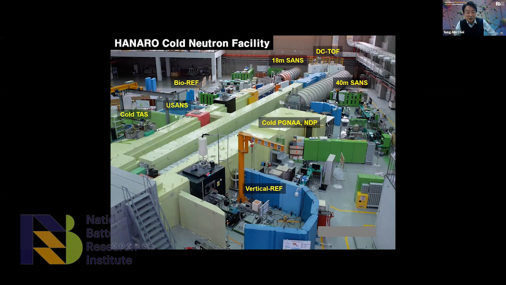And we have ultra small angle scattering, and also cold triple-axis spectrometer as well. It was down for some time due to some seismic issues, to reinforce the wall around the reactor. Now it is back to operation. So hopefully we can use this instrument more often.